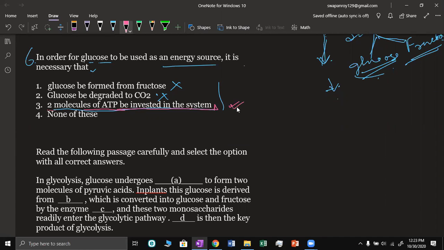First you have to invest something for your earning. Whenever you are going to do something, you have to invest something. So energy is invested, ATP molecule. So our answer will be option number 3.